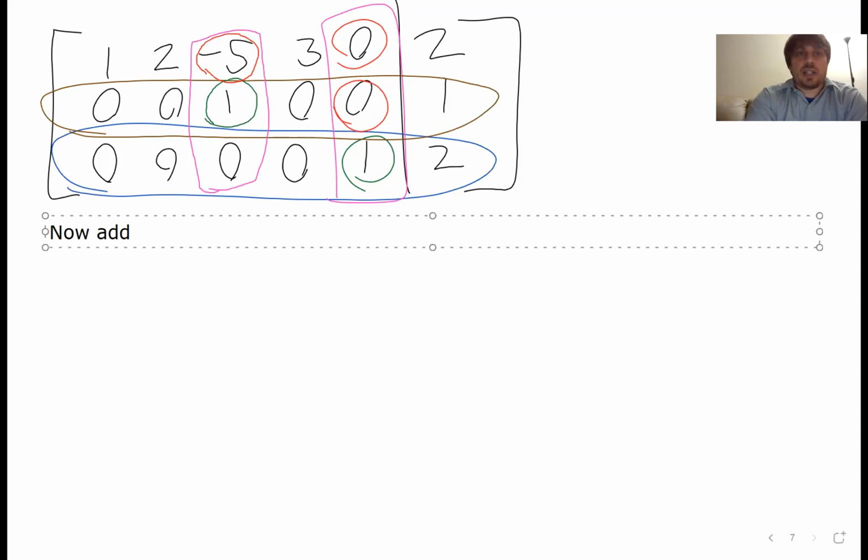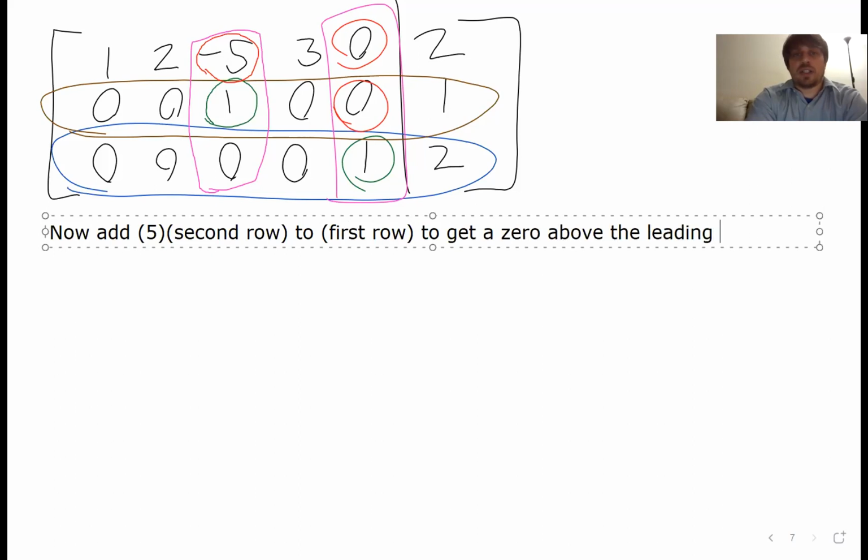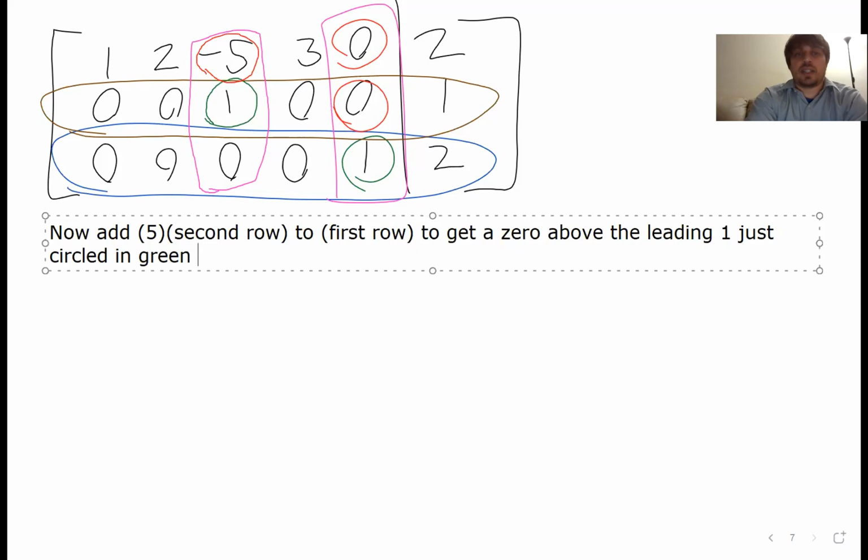Now add 5 times the second row to the first row to get a 0 above the leading one, just circled in green in the brown row.